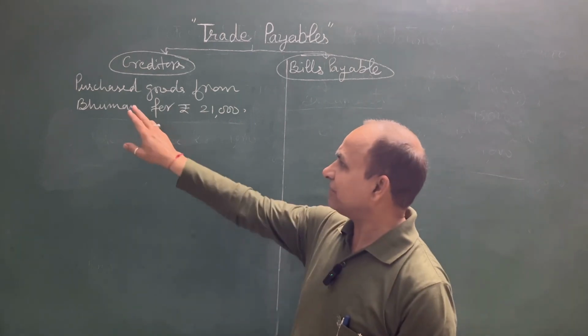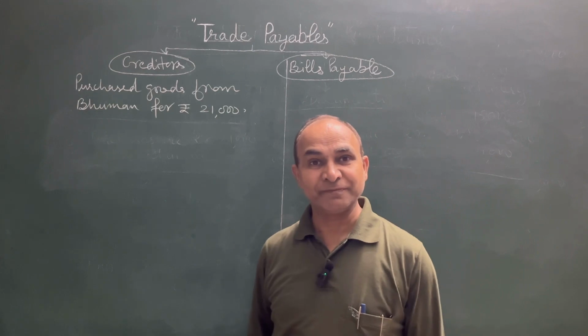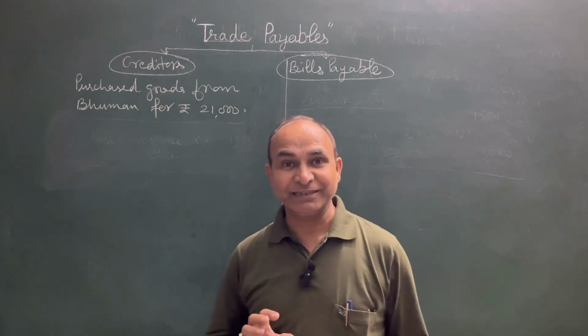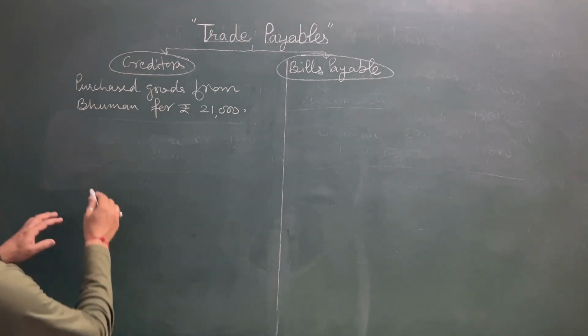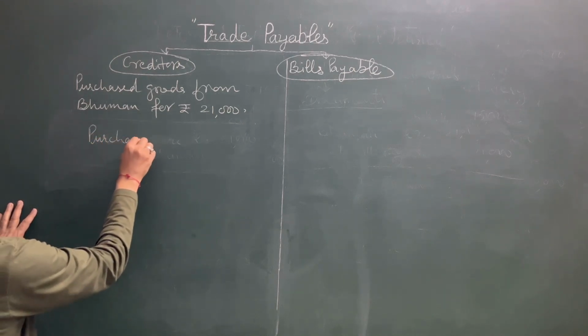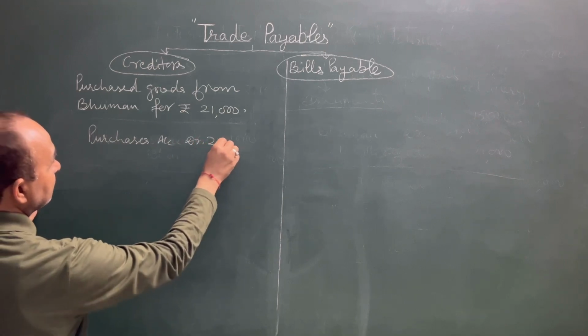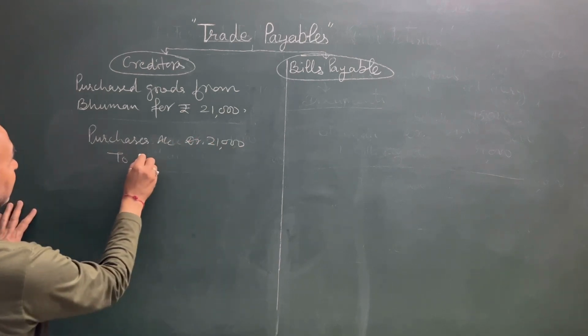Students, see this example: purchased goods from Bhuman for rupees 21,000. This is the example of creditors, and the simple journal entry will be purchases account debit 21,000 to Bhuman.